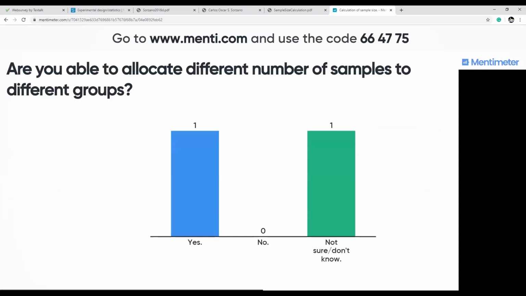The thing is that if you have a group that is more variable than the other group, so let's say the treatment is more variable than the control, you don't need to put the same number of animals in the treatment and control. So you can put more animals in the more variable group, and that will make the comparison easier. You can correct statistically that difference. Yeah. Should we go to the next question? Yeah, let's go to the next one.